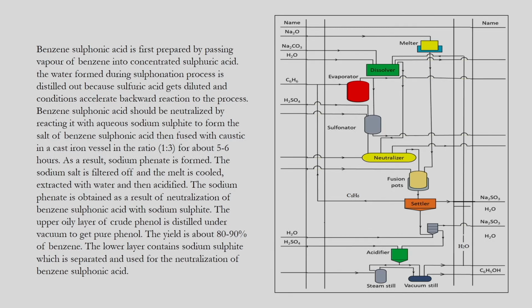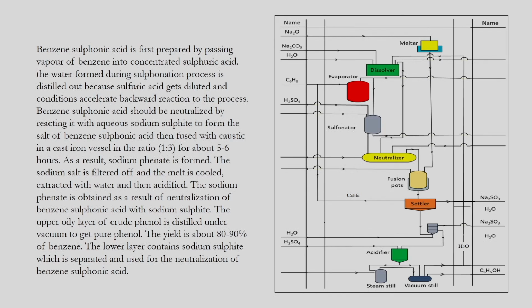So, mainly here benzene is reacting with the sulfuric acid and giving benzene sulfonic acid, and after that it will be neutralized, and then it will be fused in a fusionator with caustic soda, and after that some oily layer of crude phenol will be produced, and then that oily crude phenol will be distilled under vacuum to get pure phenol, and in this case the yield is about 80 to 90% of the benzene.